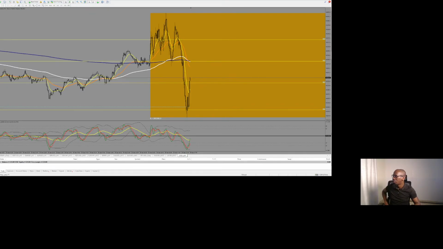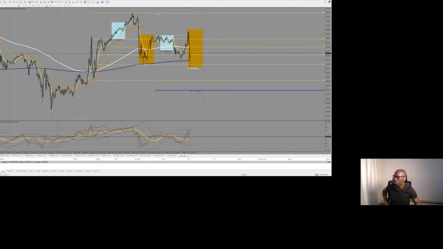Again, it's important for us to also see what price is doing at a slightly higher time frame. So we will switch from the 1 minute time frame to the 15-minute time frame, and we observe that.